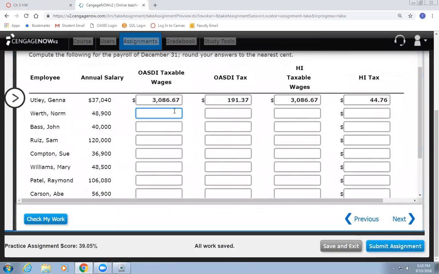For Norm, his taxable wages for both Social Security and Medicare should be $4,075. So Social Security tax would be $252.65, and the high would be $59.09.